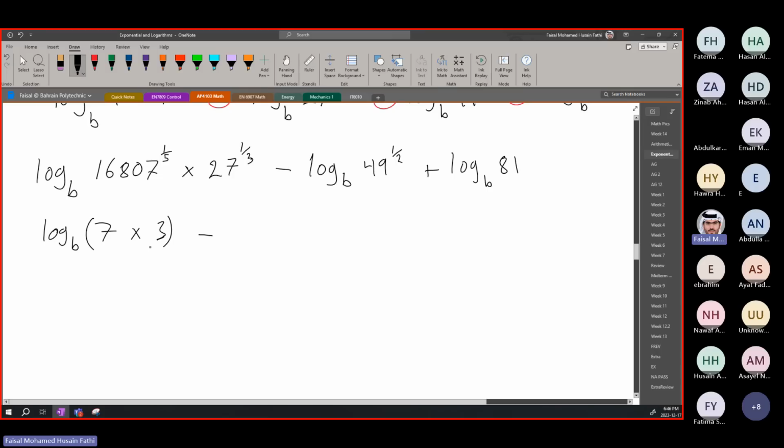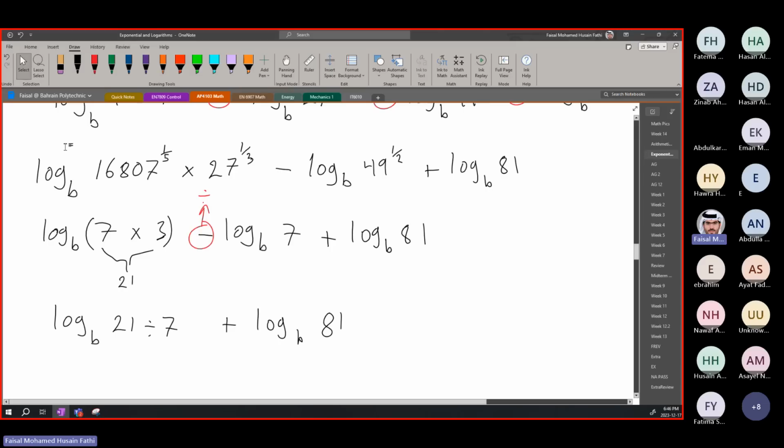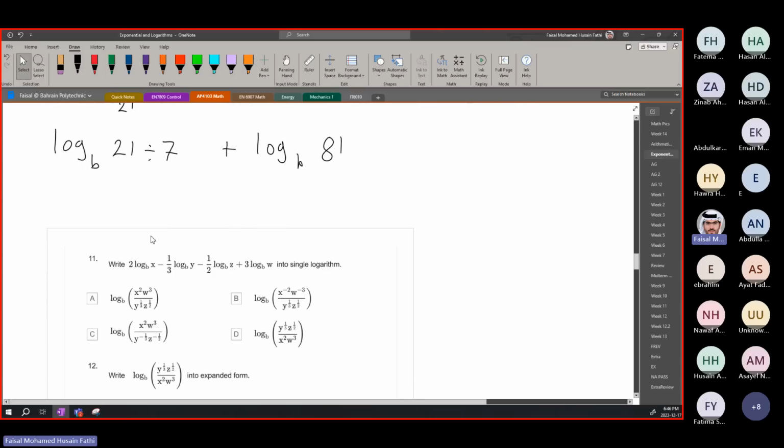Minus log B of 7, because the square root of 49 is 7, plus log B 81. So 7 times 3 is simply 21. So log B of 21, since we have minus here, this is division, we do 21 divided by 7 plus log B of 81.